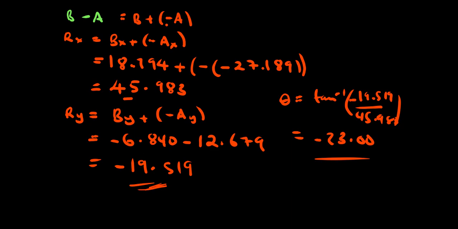So how do we get the direction? We are going to make a sketch again of how we get our direction. So here's my sketch. It is telling me I must move to the positive right, so to the right it's positive 45.983.